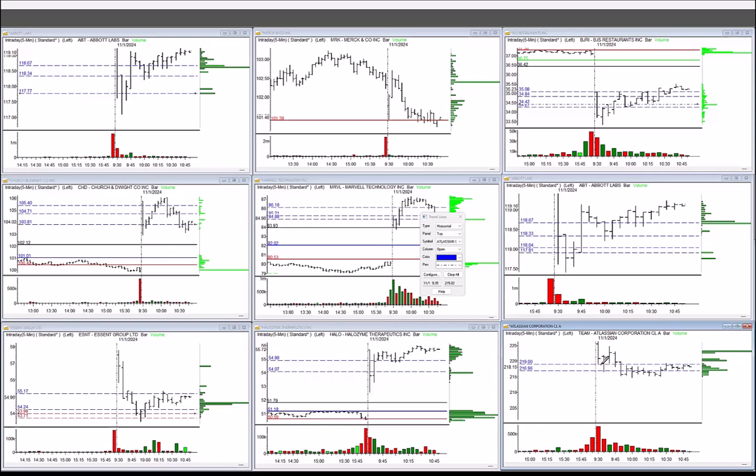My target's the low of this bar. And why is it the low of this bar? Because when it got down there, what happened the first time? First time down, it ticked in, and then it shot higher. My expectancy is, if I get filled up in here and I tick down to here, it's going to shoot higher.